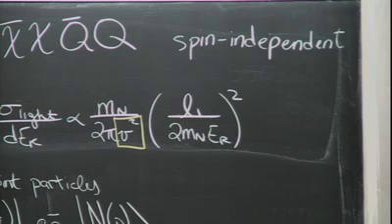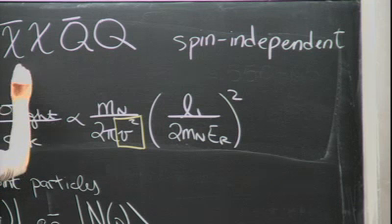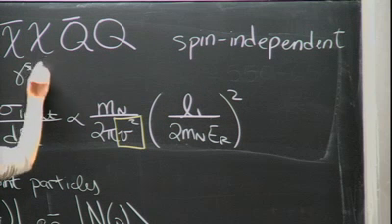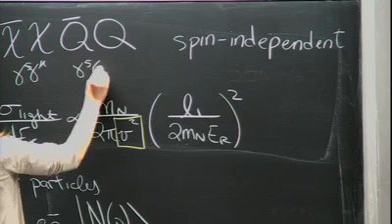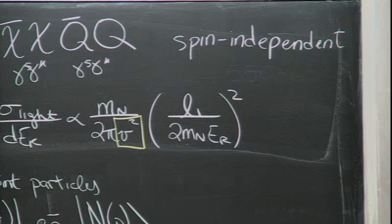But I could repeat the whole same procedure with any other set of operators. If I did, for example, put in a gamma 5, gamma mu between both of these, I'd get a spin-dependent interaction, and then I could do all sorts of permutations off of this.